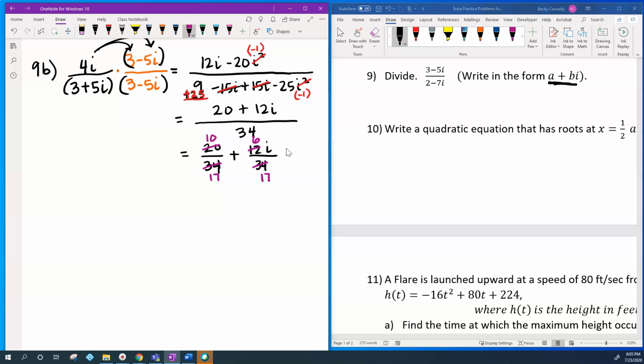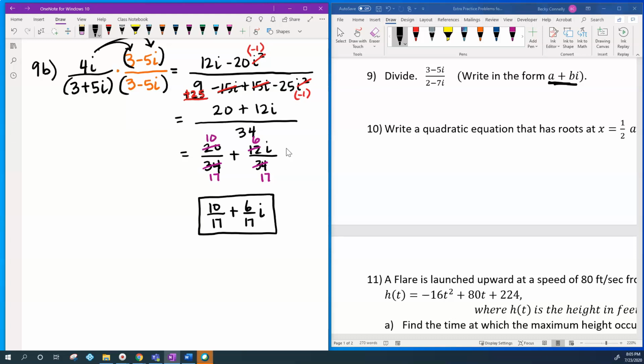So you just want to make sure that you reduce those fractions if they can be reduced, because it will mark you wrong if you don't. And you could write it as 6i on the top over 17 or 6/17 i. It'll accept that either way. But it does need to be reduced.